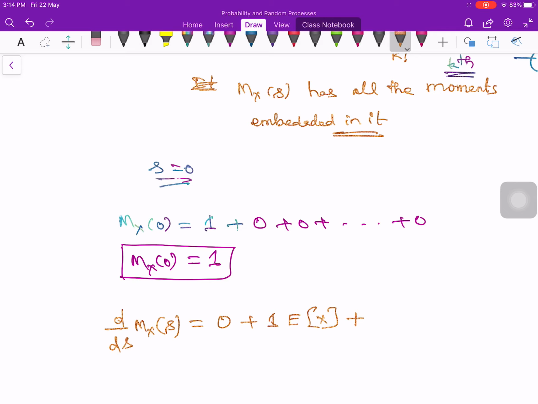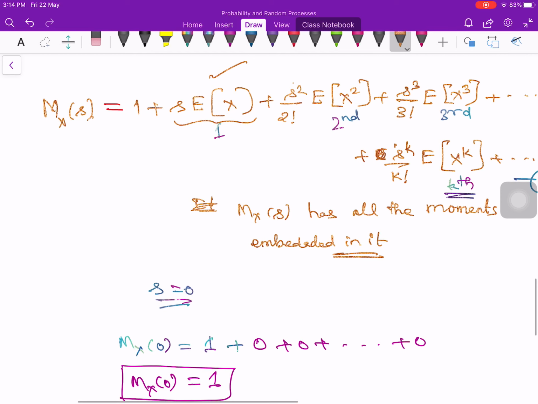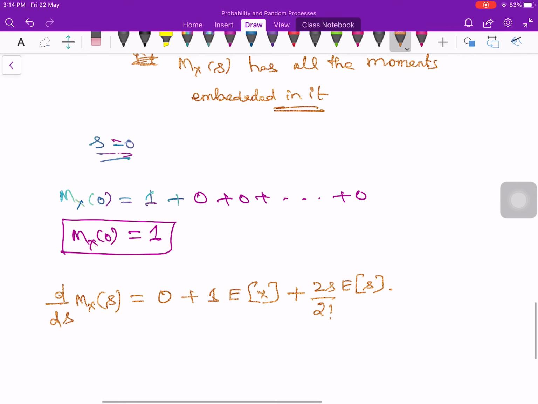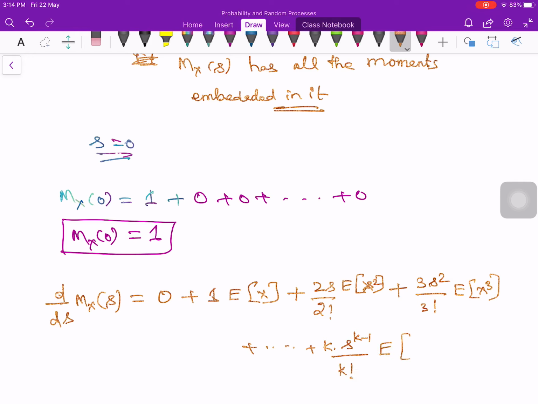And the second term is going to be, if you look at here, this s squared becomes 2s, so 2s times E[X squared] over 2 factorial, plus 3 s squared over 3 factorial times, sorry, this is E[X cubed], plus dot dot dot plus, for s to the k, that is k times s to the k minus 1 divided by k factorial times the expected value of X to the k.